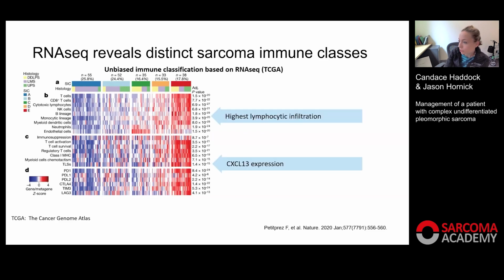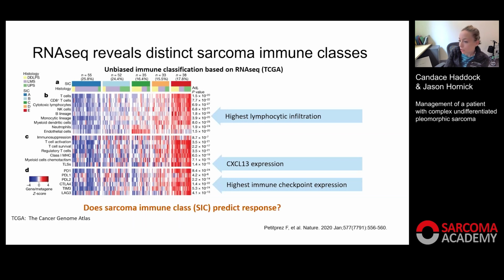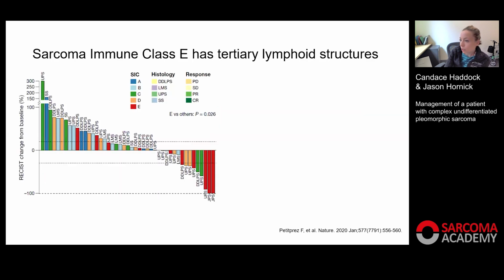That had the highest lymphocytic infiltration, had the highest expression of CXCL13, which is associated with TLS, or tertiary lymphoid structures, and then also had the highest immune checkpoint expression. So how does this correlate both with histology and also with responses? So when applying this sarcoma immune classification to the cases in SARC-28, you can see that immune class E was the red bars, which you can see scattered throughout this waterfall plot.